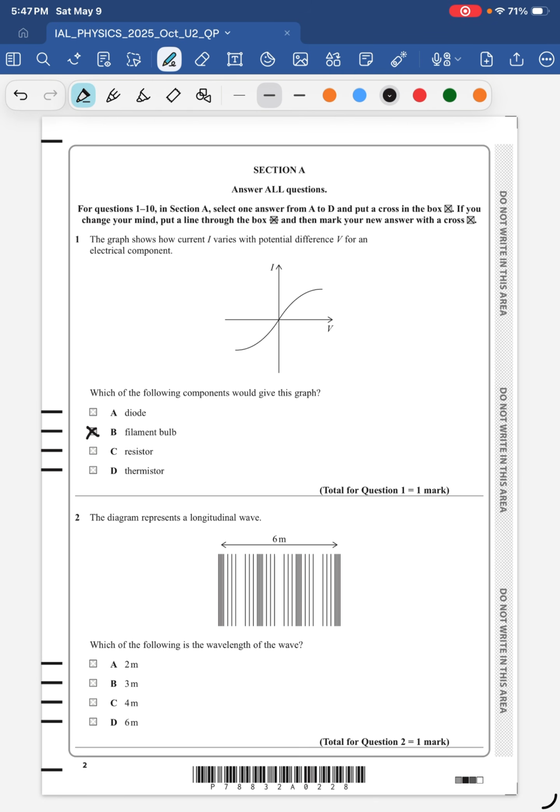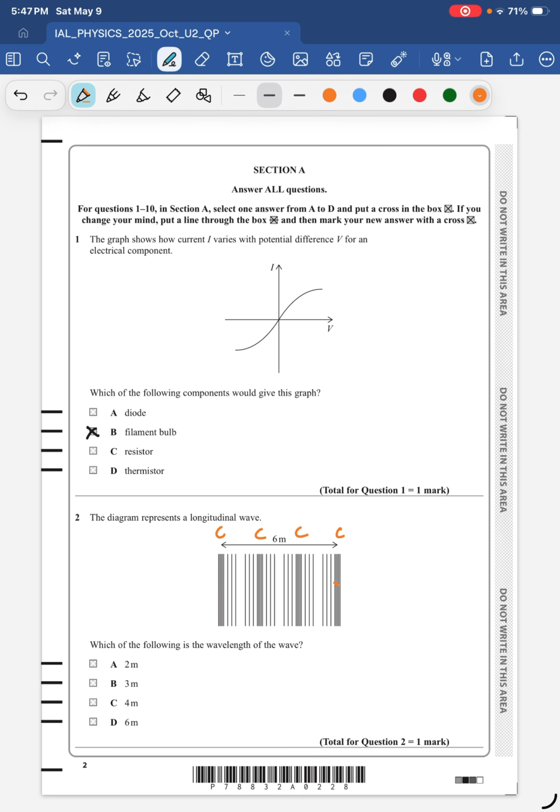The diagram represents a longitudinal wave. Which of the following is the wavelength for the wave? So we can do this like this. You can see that this wave has 4 compressions, right? So we have compression, compression, compression, and compression.